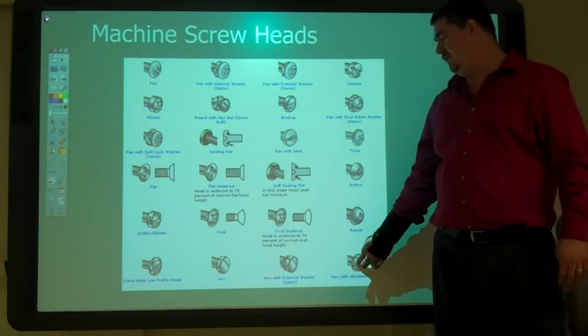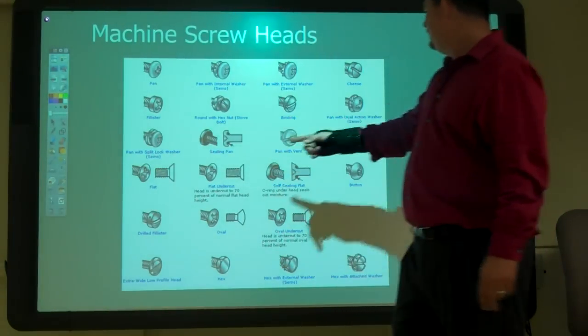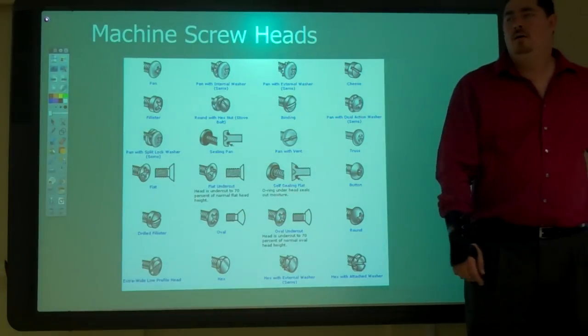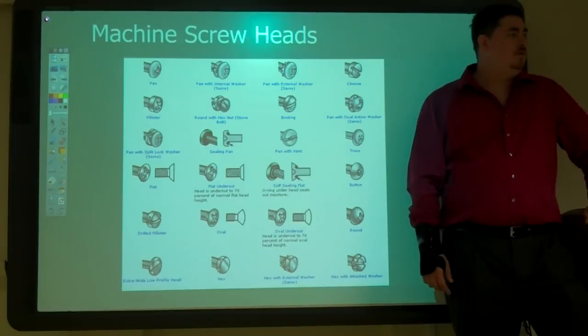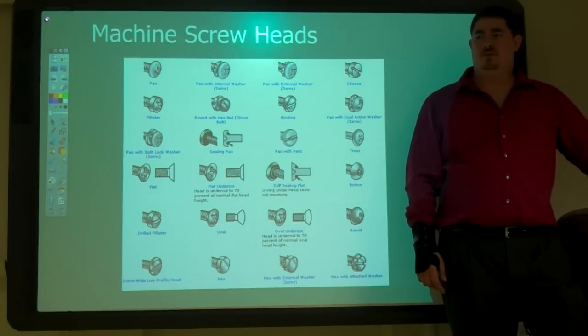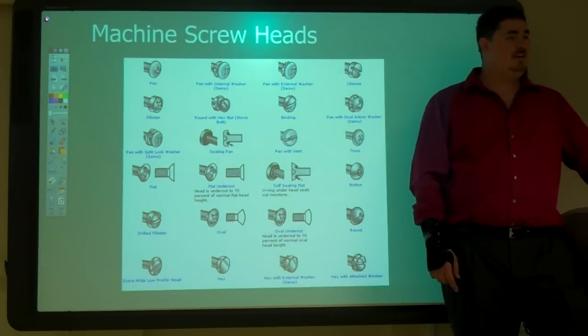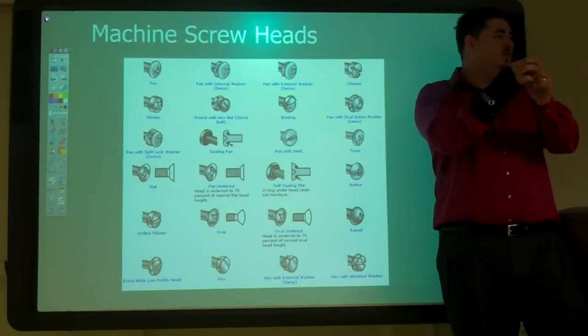We can do hexes still. What's a benefit of doing an oval or a flat head? You want to flush the material, but also what else does it do? Yeah, it has a countersink in it. So what does that countersink do? It centers the holes.